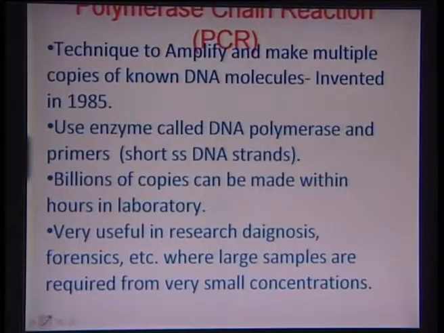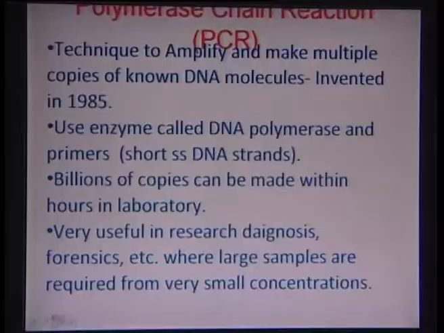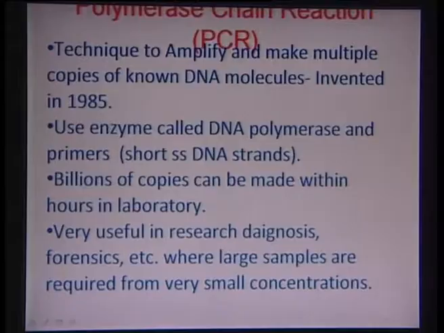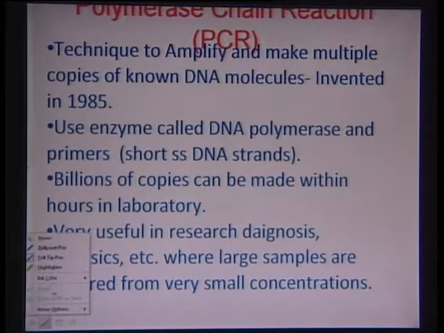So the same mechanism can be used in vitro as well. Robert Mullis was the first to propose this PCR, or polymerase chain reaction. So the important issues are the following.